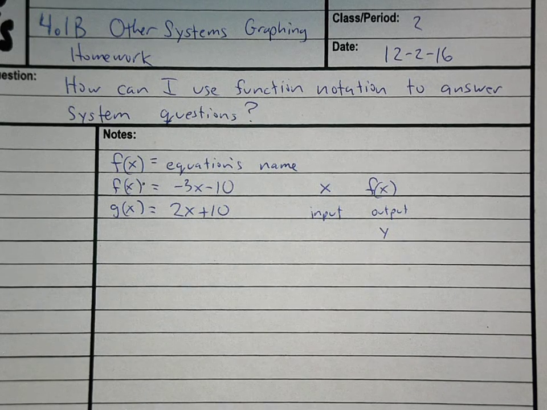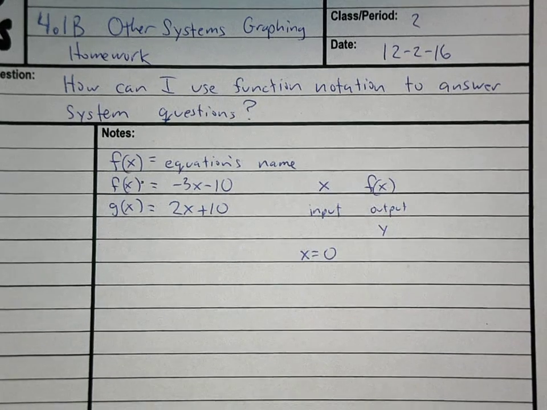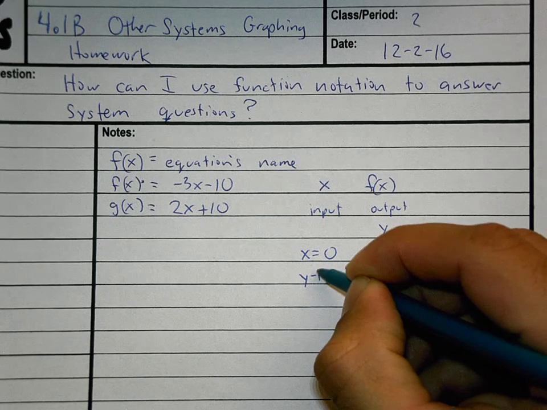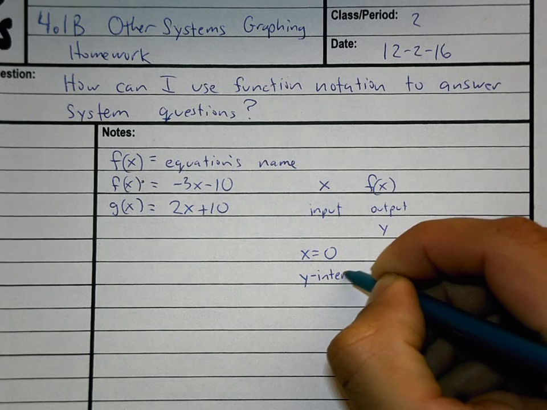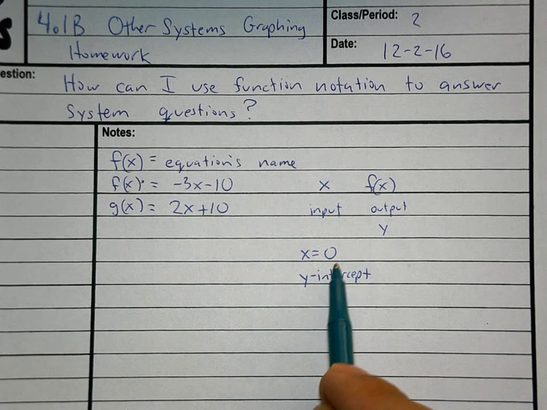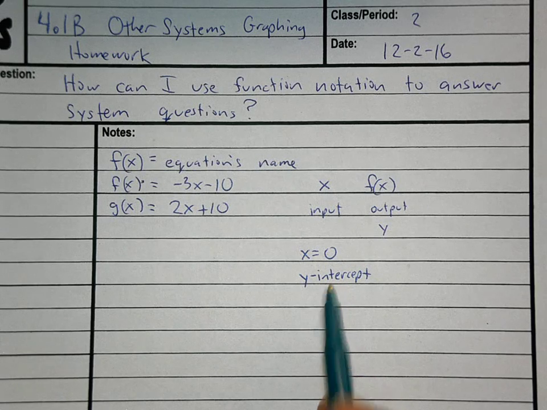There's going to be a few more things. When it says x equals 0, it means it's a y-intercept. When x equals 0, it's asking for a y-intercept. Where does it cross the y-axis?